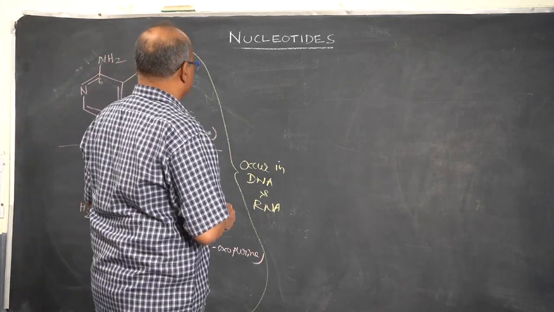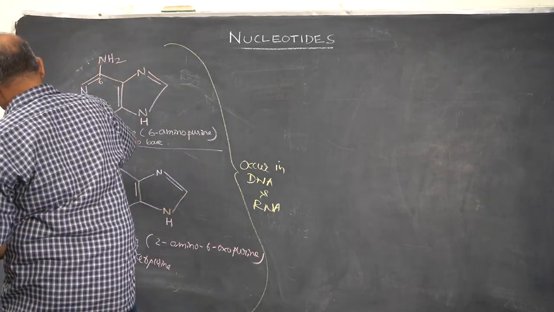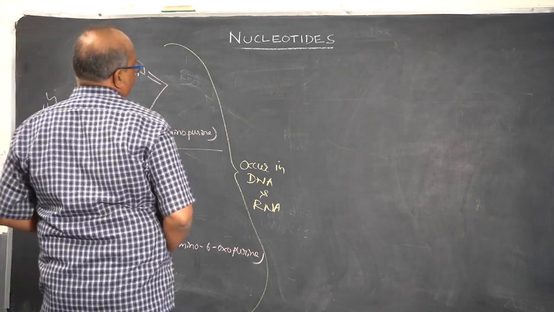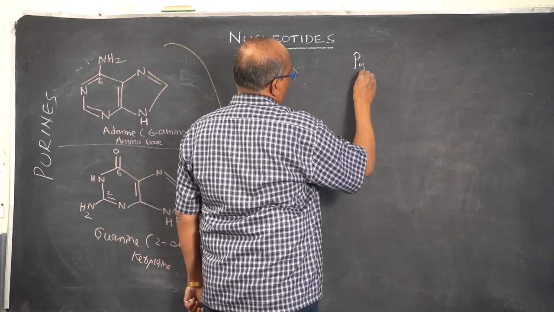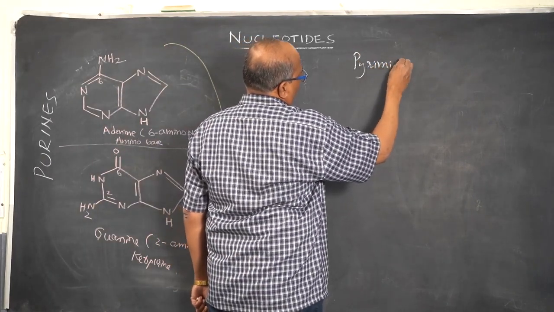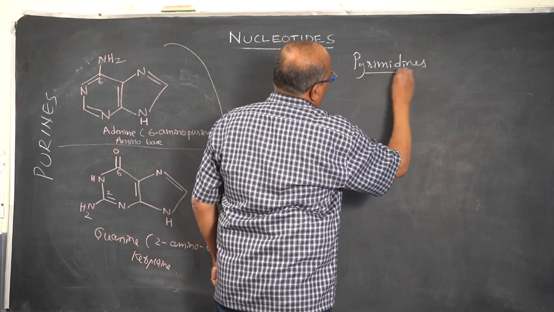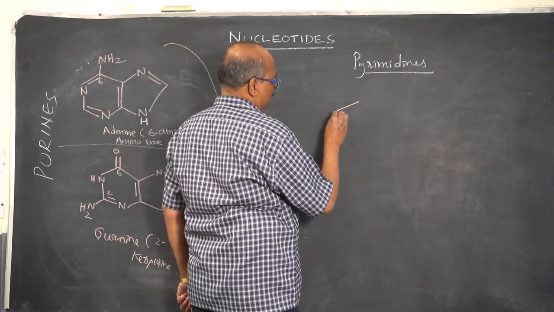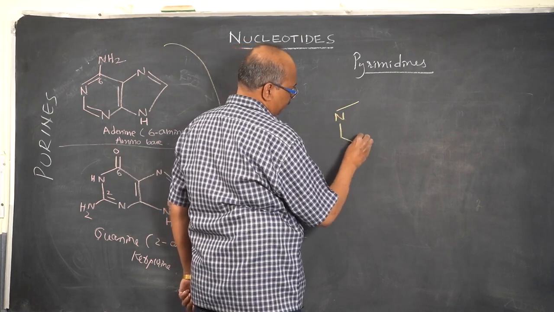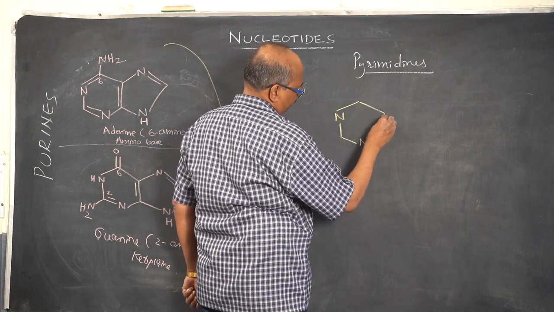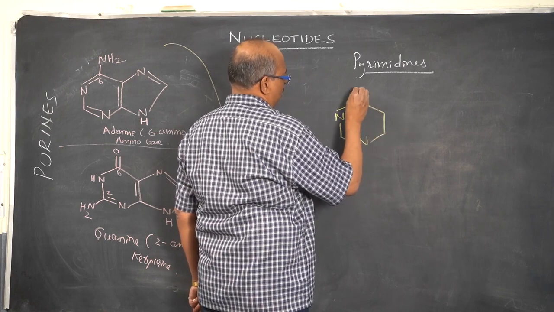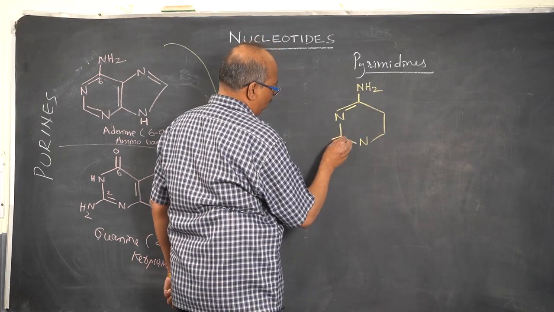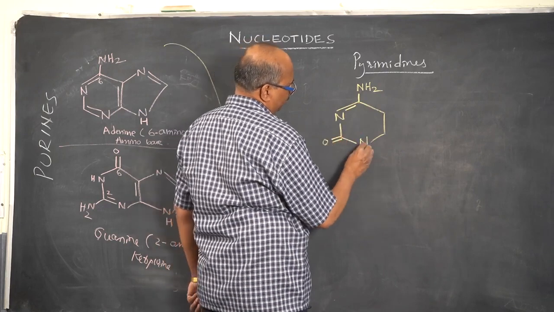When you take the pyrimidines, the first one is an amino pyrimidine. So it has an amino group here. Second position, always it will have an oxygen group.